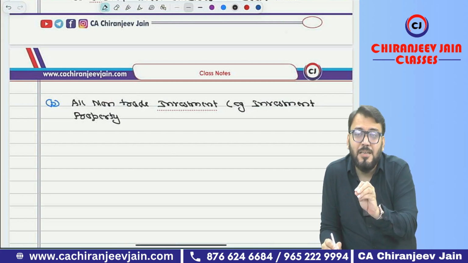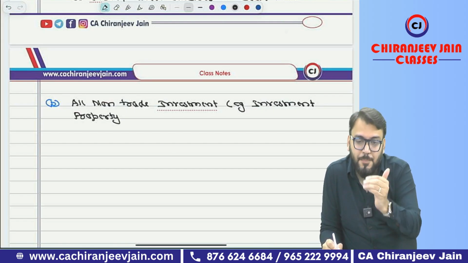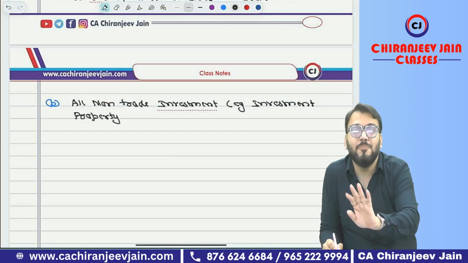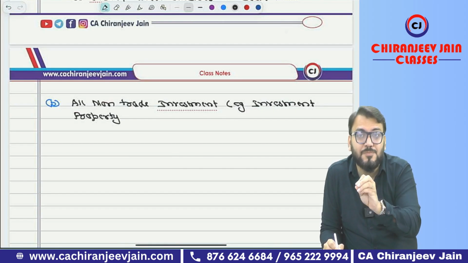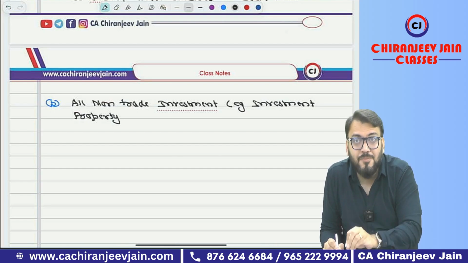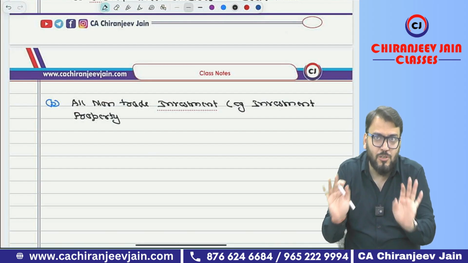Investment property means any property which is held for either capital appreciation or for rental income. We'll understand it in a better way when we do Ind AS on this particular investment property, but I hope you have understood a little.